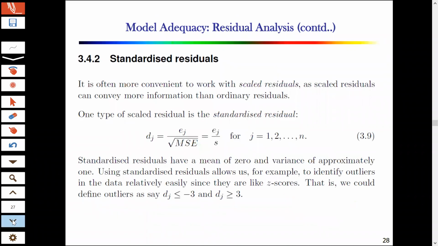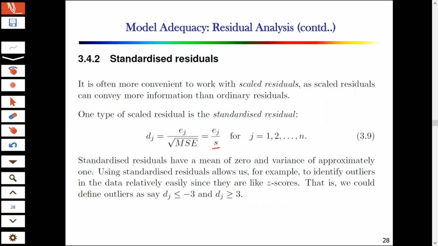But what is a standardized residual? It is often more convenient to work with scaled residuals, as scaled residuals can convey more information than ordinary residuals. The standardized residual is just e_j divided by the square root of MSE, that means e_j divided by S, where S is the unbiased estimate of sigma.